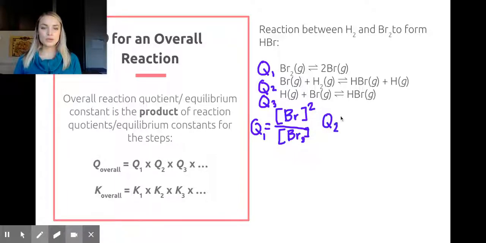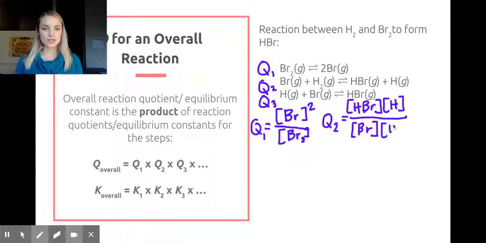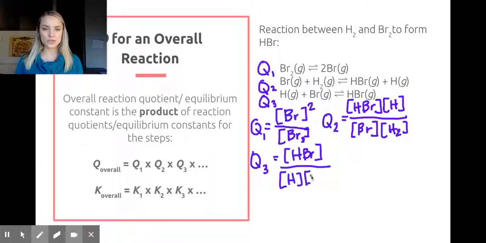Q2, our ratio of products to reactants for our second reaction, is going to be HBr times H divided by the concentration of Br times the concentration of H2, and finally Q3 is equal to the concentration of HBr divided by the concentration of H times the concentration of Br.